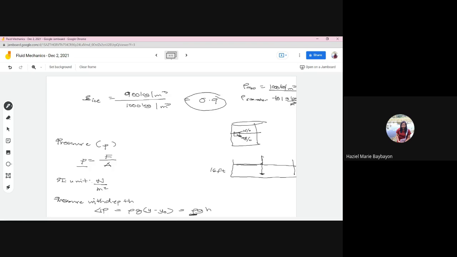Let me just verify the density of seawater. Okay, it's 1026, sorry. 1026.